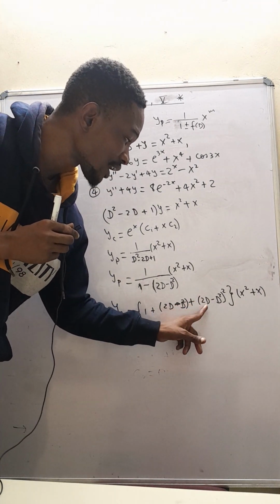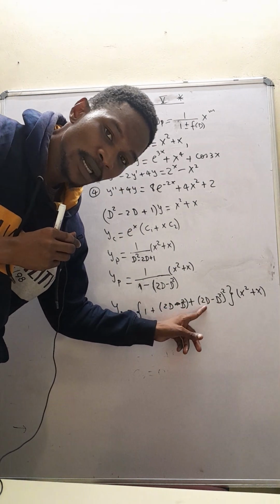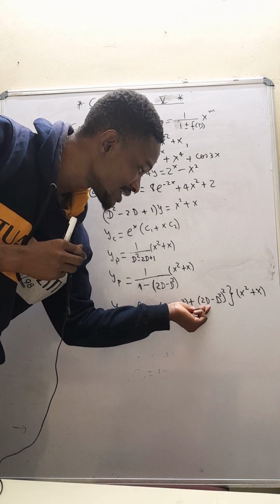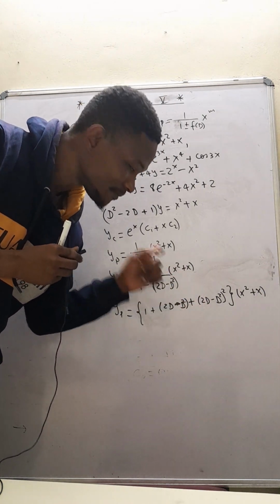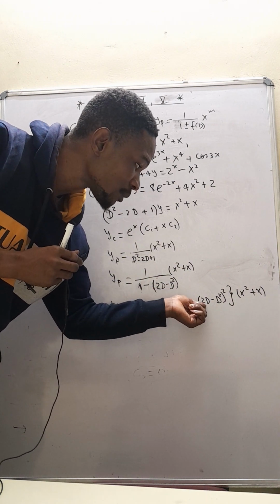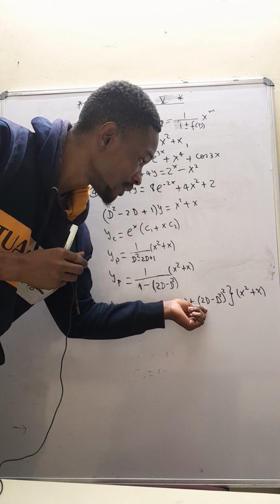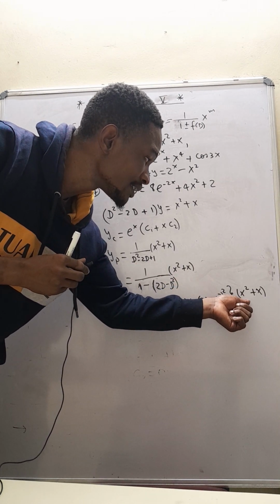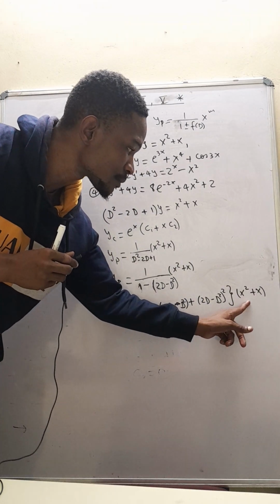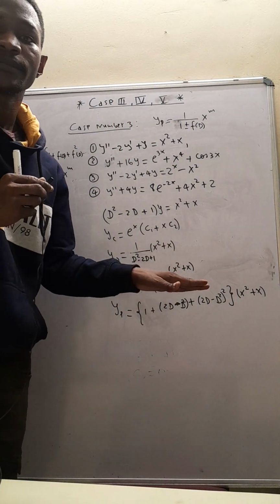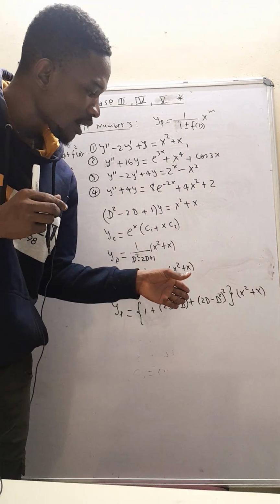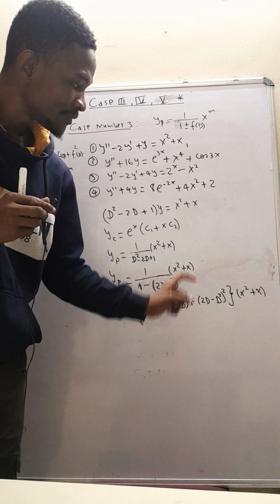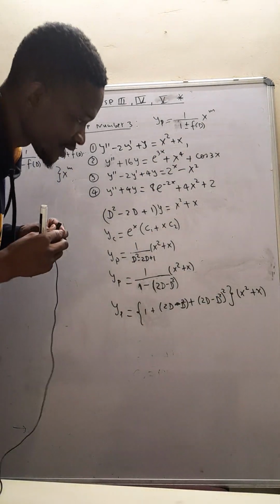So as long as the lowest degree of this differentiation operator is getting the same order of this expression here, we can stop, because all terms after it will be of higher order than this expression there. Okay, just like this.